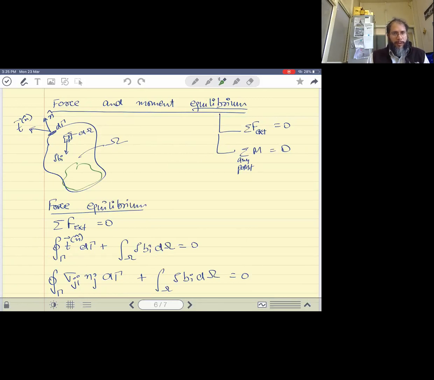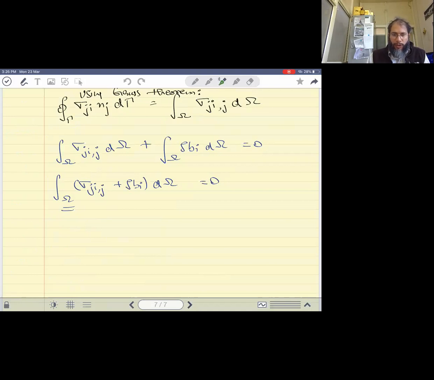There's no part of the body which is accelerating. The complete body is under equilibrium. So we can take small sub-volumes or subsets of the body, and apply the force equilibrium equation on these subsets as well. If we do that, what we realize is that the choice of this omega here is arbitrary.